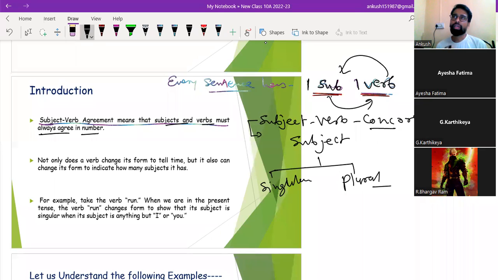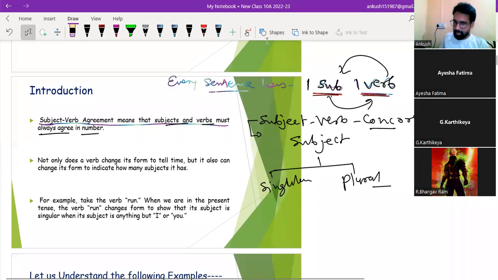Many times we consider a plural subject as singular and a singular subject as plural. Lots of theories are there, but if we study the rules, we will not get such confusions.